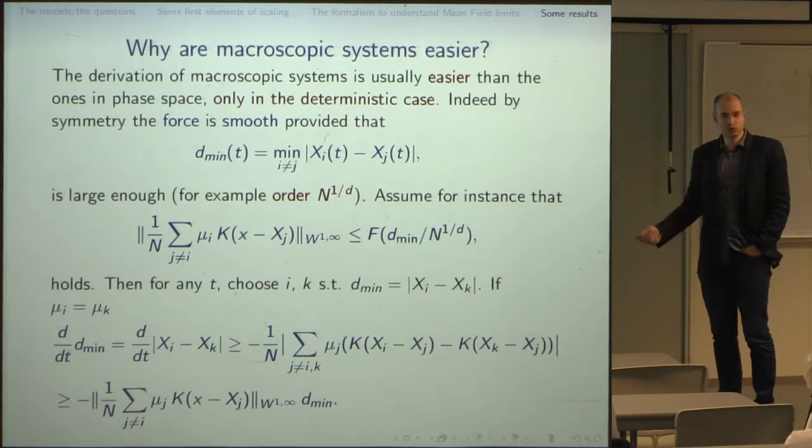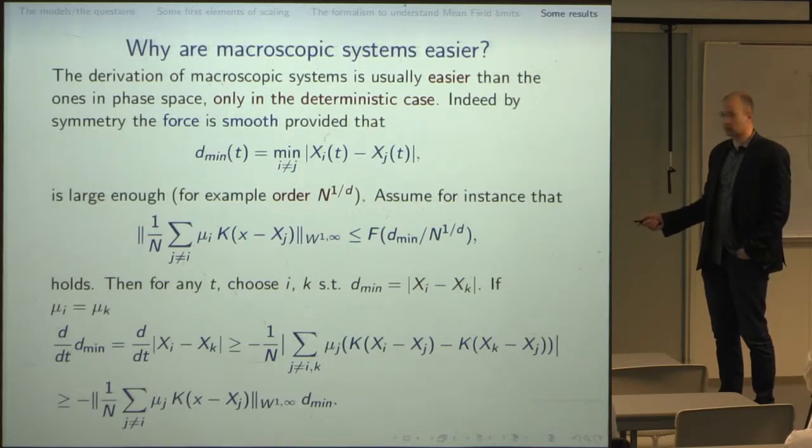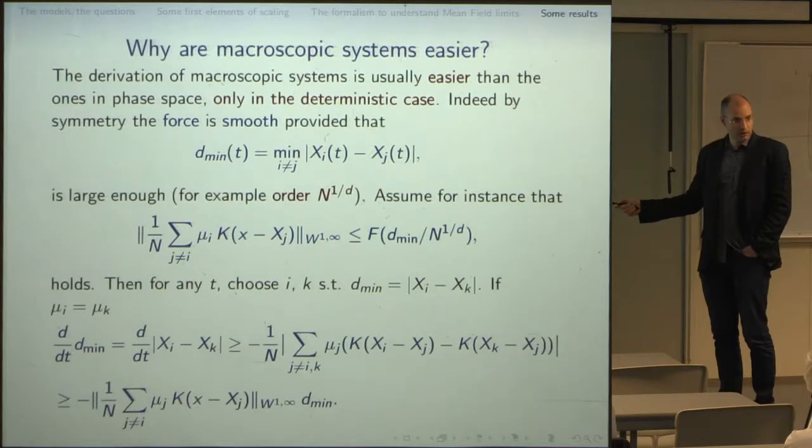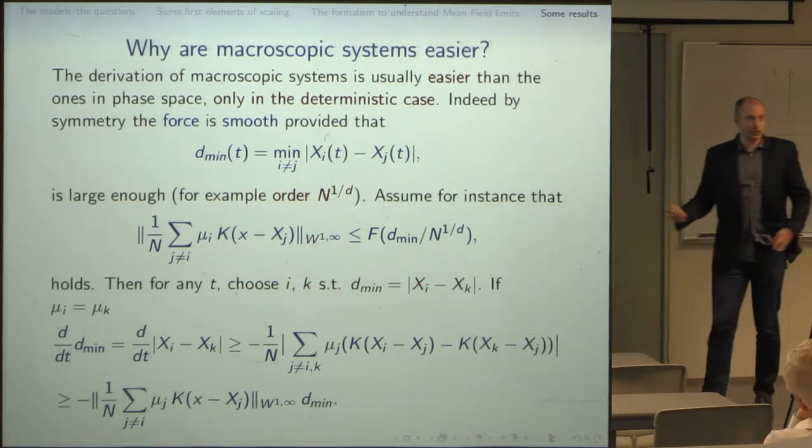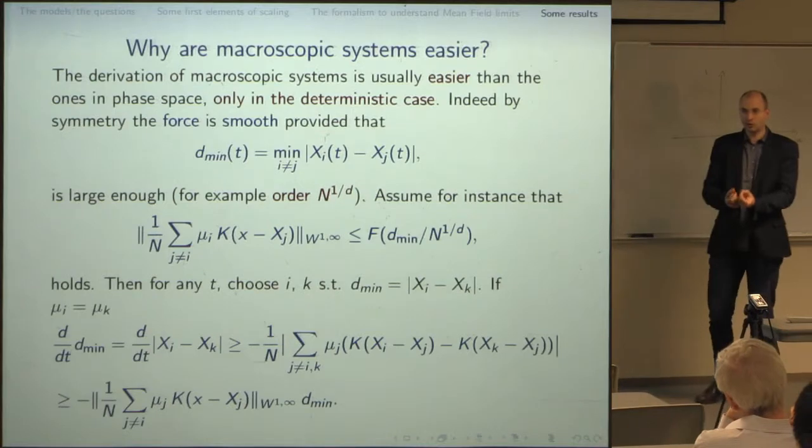And then you just use that to propagate the minimum distance. So you choose 2 points which realize the minimum distance, and you see how much closer they can get. So this is the force acting on each one of them. And that's here that you gain the fact that you're order 1.